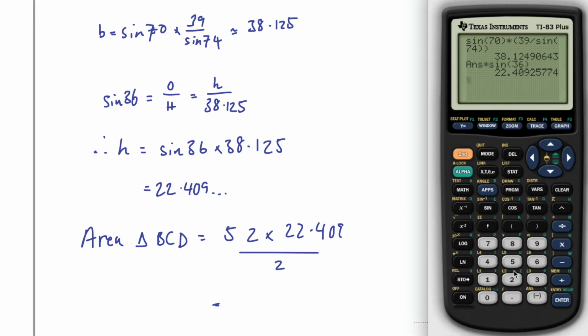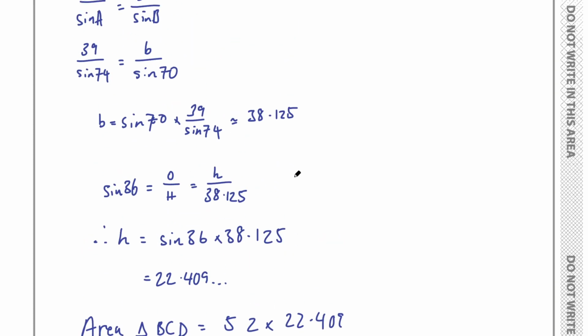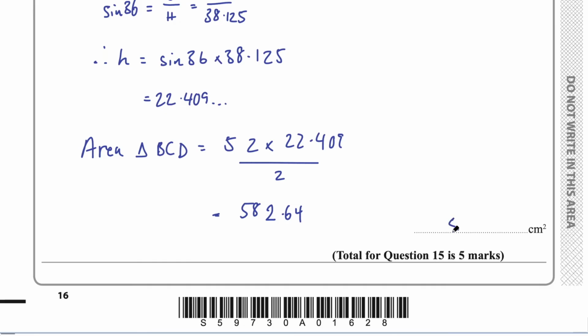So 52 multiplied by the previous answer, divided by 2, gives us an answer of 582.64. Does it say to round off? 3 significant figures. So to 3 significant figures, that's going to be 583, because that needs to be rounded up. Okay, that was question 15 for 5 marks.